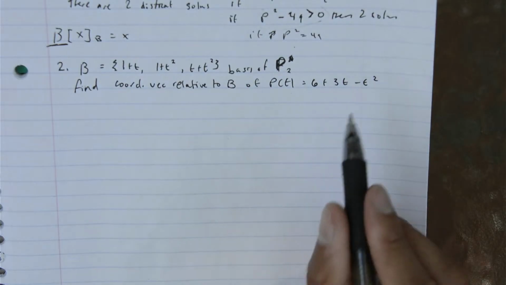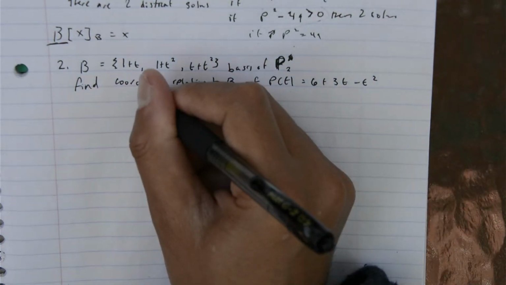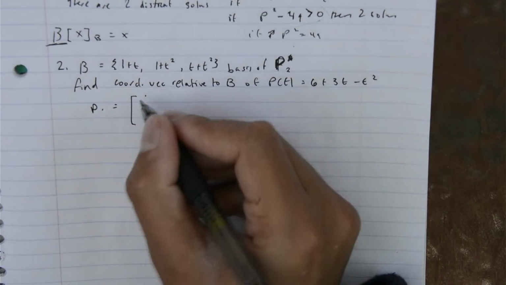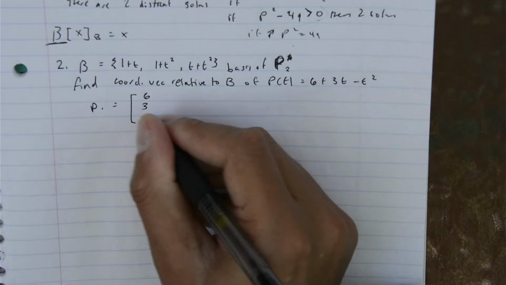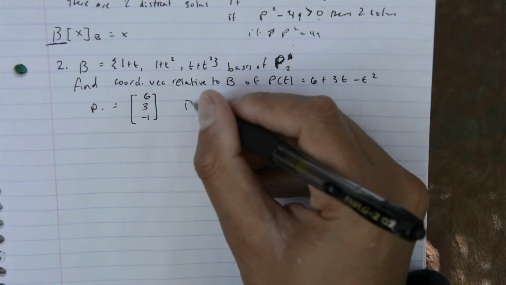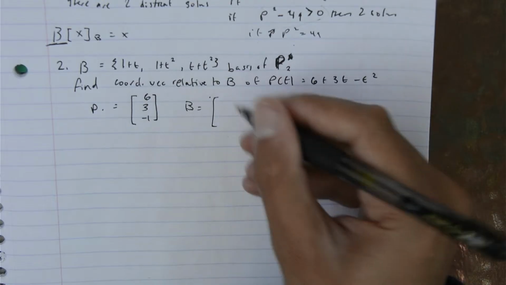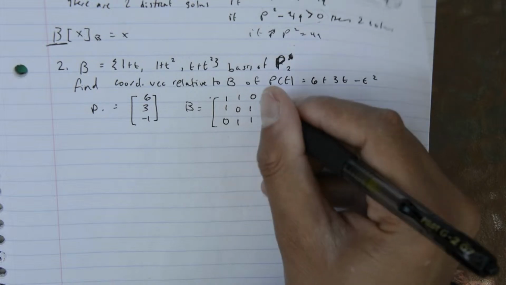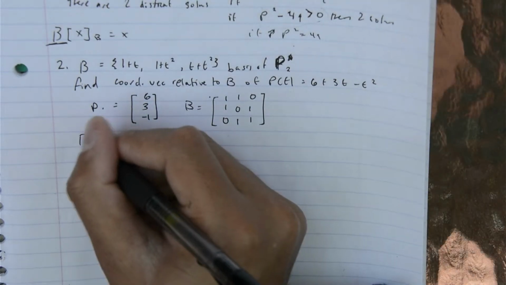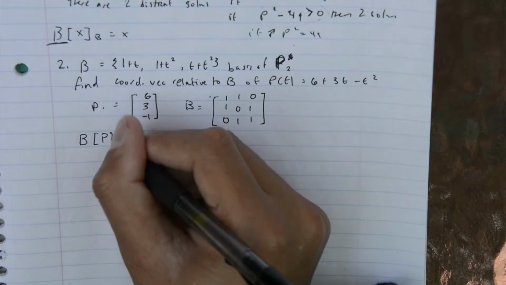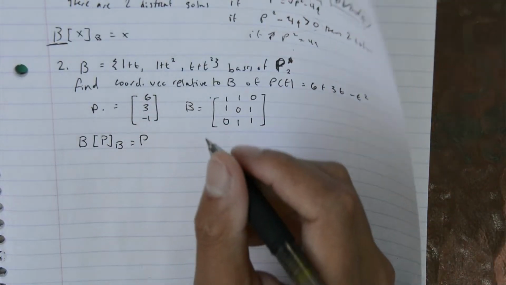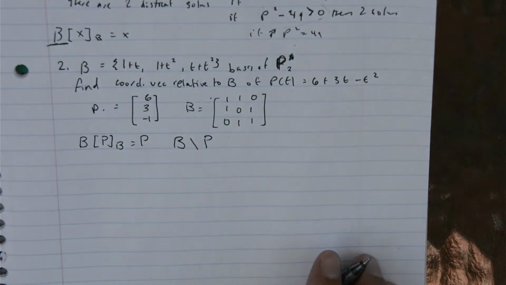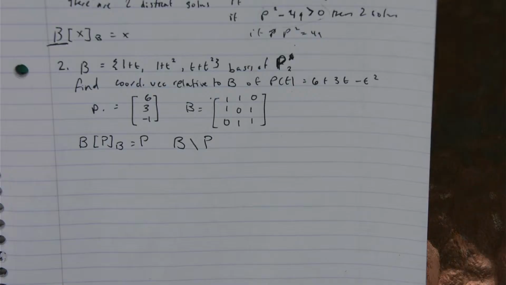First off, to write this in the standard basis, p is equal to 6, 3, minus 1. And then our basis B as a matrix is going to be equal to 1, 1, 0, 1, 0, 1, 0, 1, 1. Okay, so now what we want to find is [p]_B such that B times [p]_B is equal to p. So now we just need to do B backslash p. So if we want that, we can just do this.